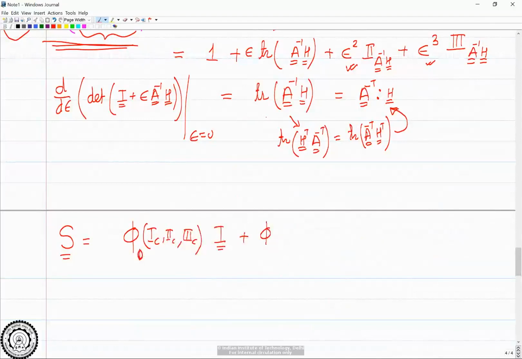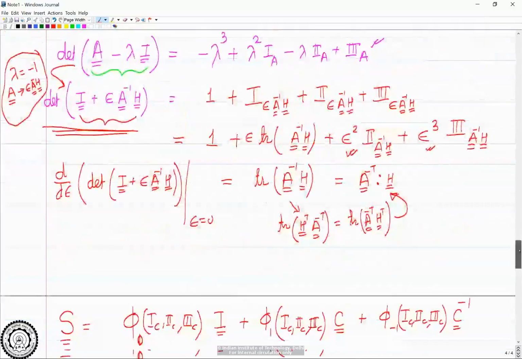And this as phi 1, which is also a function of IC, 2C, 3C into C, plus phi inverse, which is a function of IC, 2C, 3C into C inverse. Can I write this? You see, I have simply clubbed the things together.